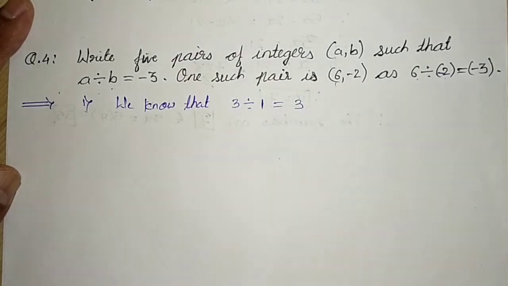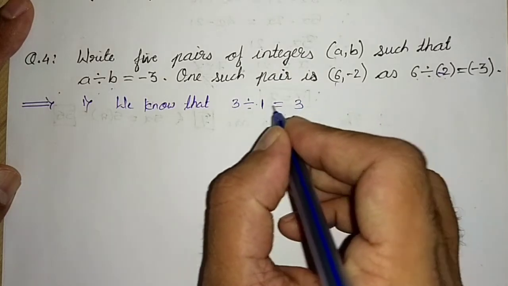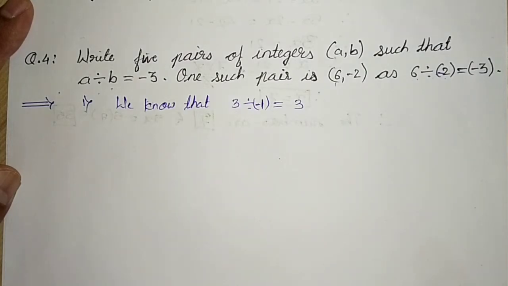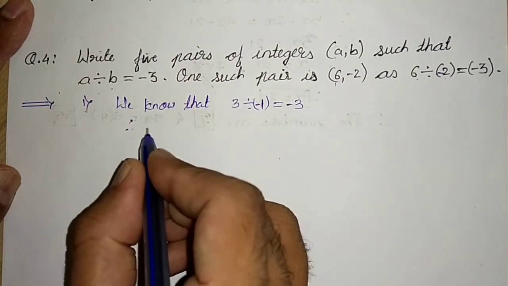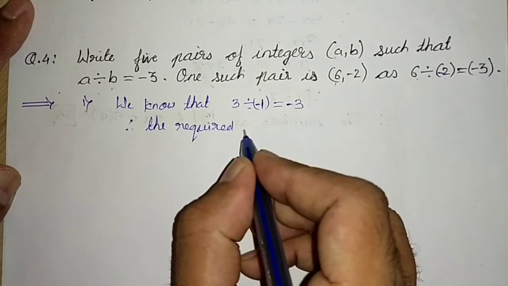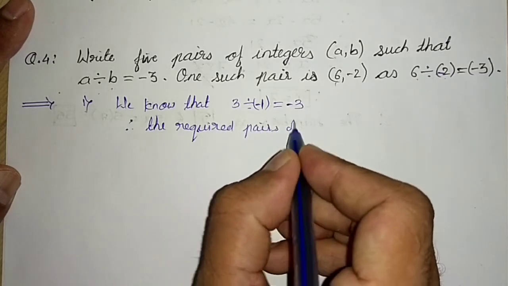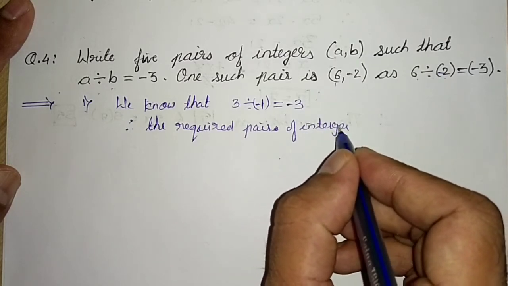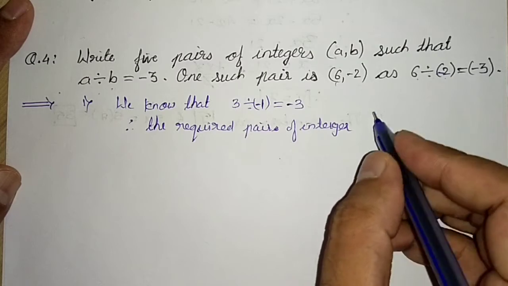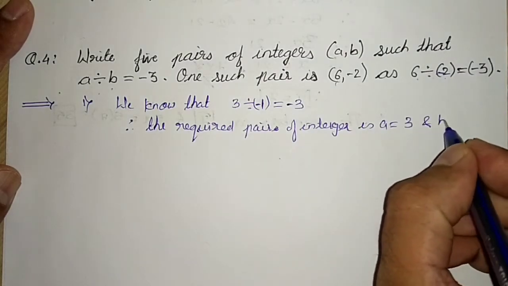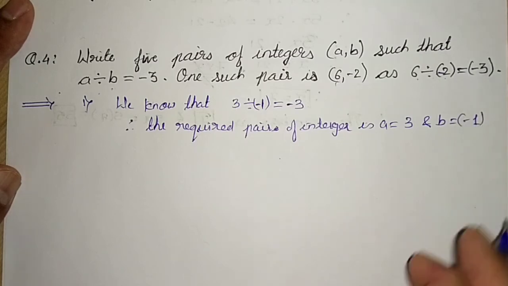So if I want minus 3 as the answer, I will put 3 divided by minus 1 is equal to minus 3. Therefore the required pair of integers is a is equal to 3 and b is equal to minus 1.